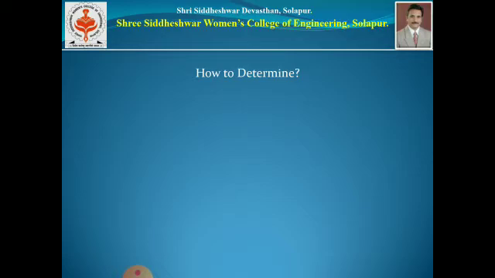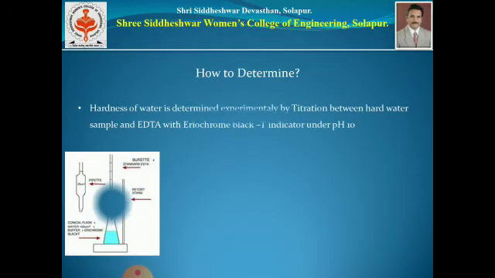So how is this experiment actually performed? The hardness of water is determined experimentally by titration between the hard water sample and EDTA with Eriochrome Black T indicator, and the pH of the solution mixture is kept at 10.